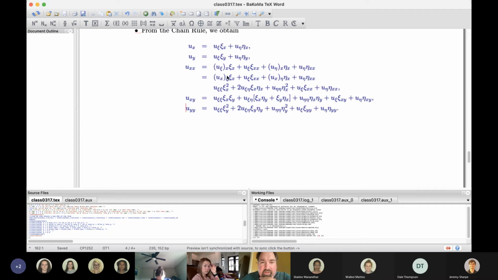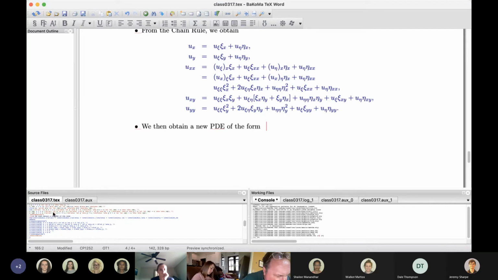So now what I can do is substitute all of these formulas for these partial derivatives into that PDE, and then I can group them by which derivatives with respect to ξ or η. For example, I can gather all the u_ξ terms together, or all the u_η terms together, and that tells me what the new coefficients of the PDE will be.